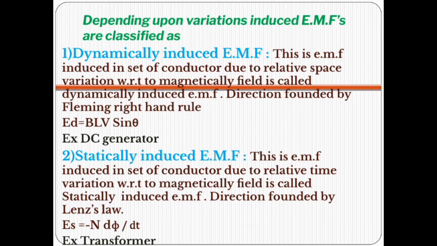The direction of this induced EMF can be found by Lenz's law. So what is Lenz's law? The direction of statically induced EMF is such that the current due to this EMF will flow through a closed circuit in such a direction that it will in turn produce some flux according to electromagnetic theory, and this flux must oppose the change in the main flux.